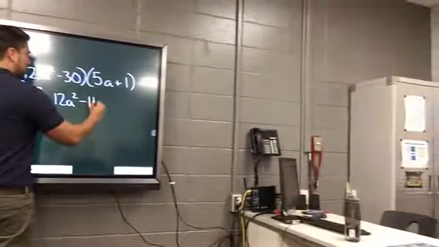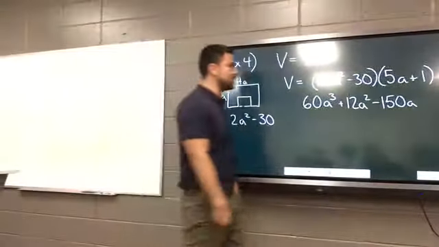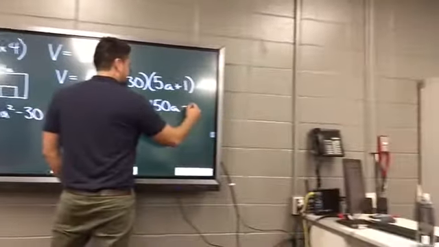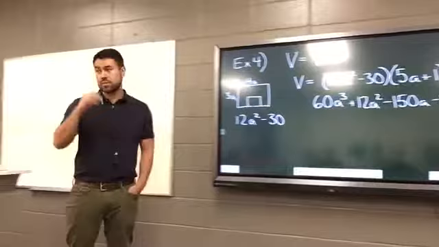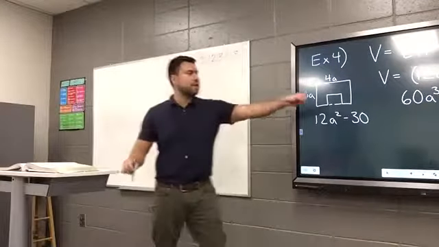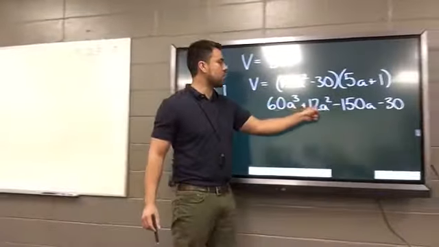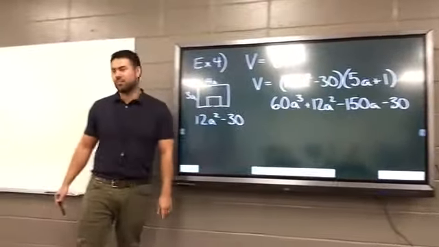Negative 150a. And Kyra, what's negative 30 times 1? Negative 30. Can you combine any like terms? Nope. What's the volume of that prism? 60a cubed plus 12a squared minus 150a minus 30 cubic units.